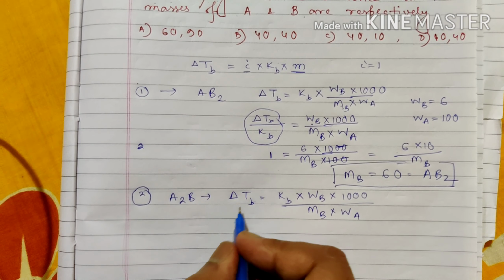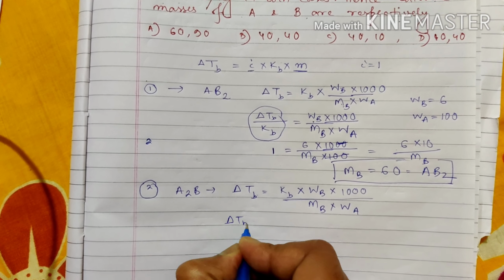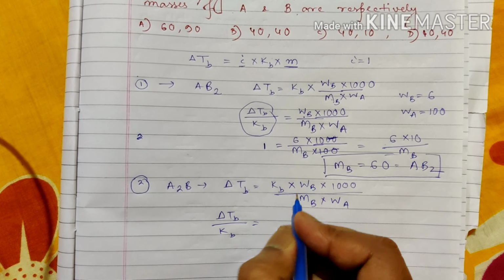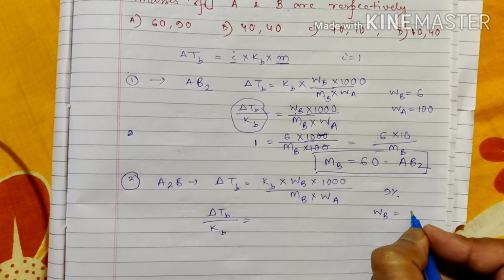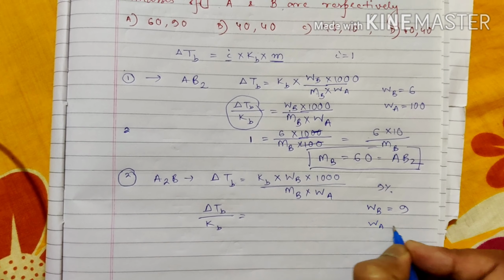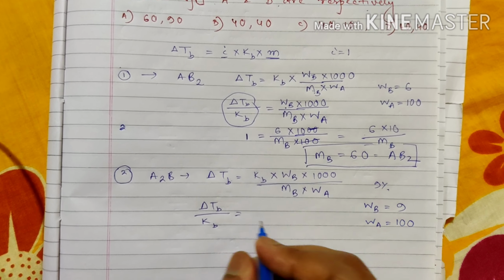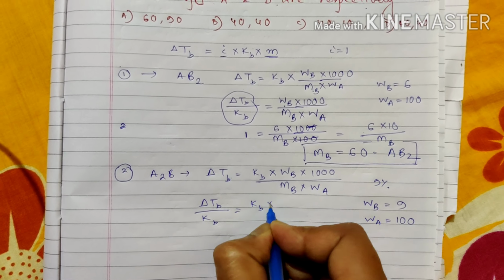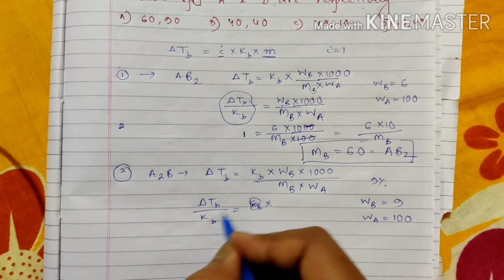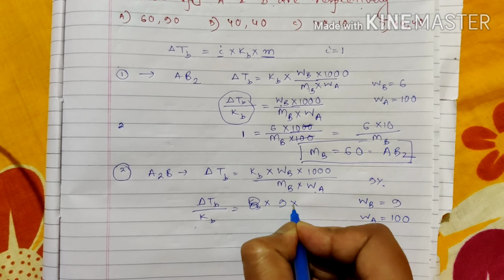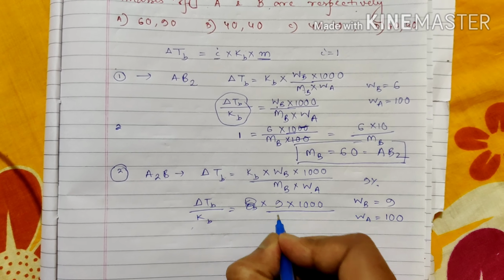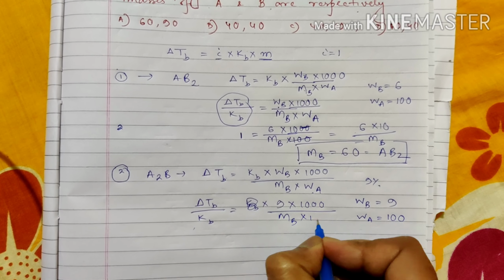Similarly, here also delta TB by KB is equal to, since it's a 9% case, WB should be 9 and WA should be 100. So here also, WB by WA, that should be 9 into 1000 divided by MB into 100.